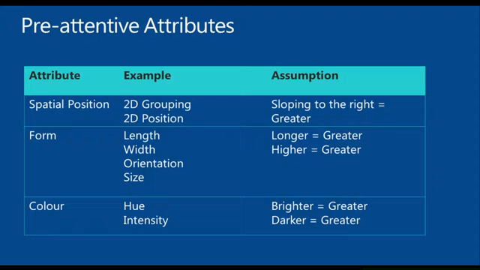We also tend to assume that longer lines have greater value, higher numbers representing. We also assume that brighter colours and more intense colours have higher values than something that's lighter in colour.